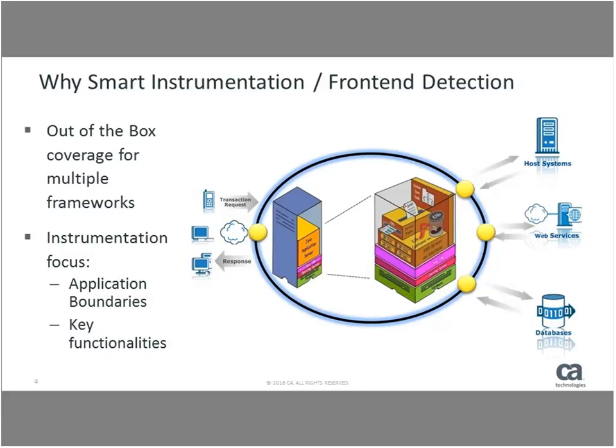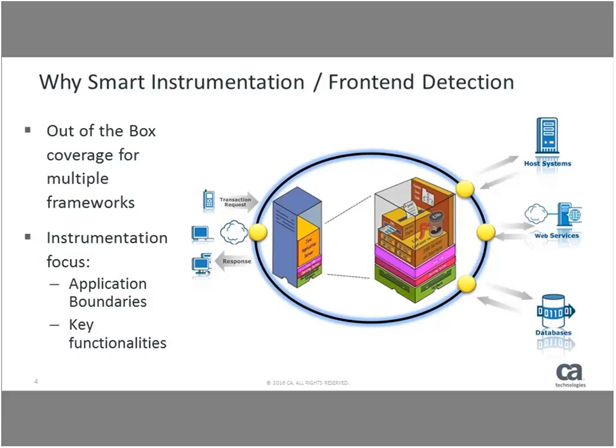And additionally, the boundaries, outgoing calls to external systems, to web services, databases. In the middle, we have additional important metrics we cover, like, for example, EJBs, special frameworks like Spring, Struts, or specific engines. These monitoring points are what we identified as the most important monitoring points to get perfect visibility inside your application.